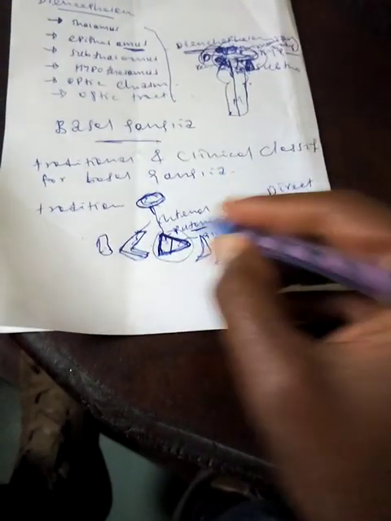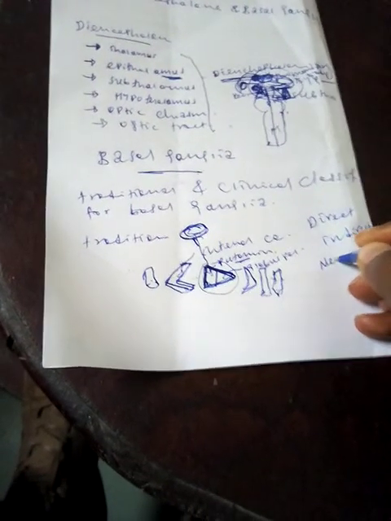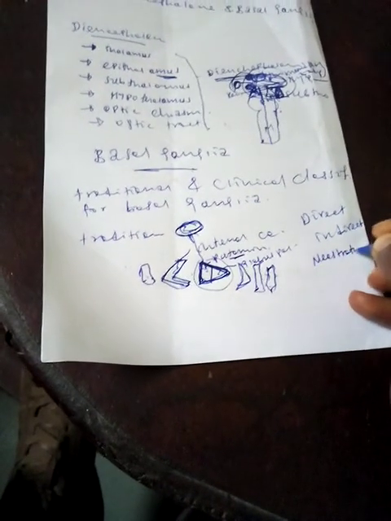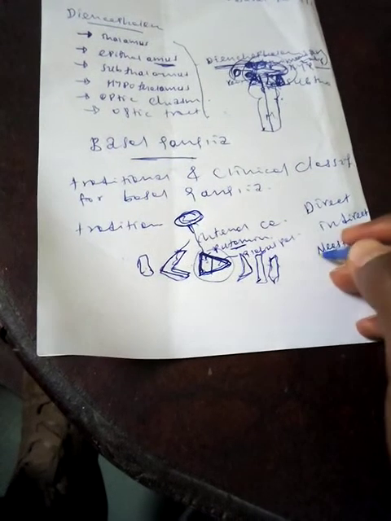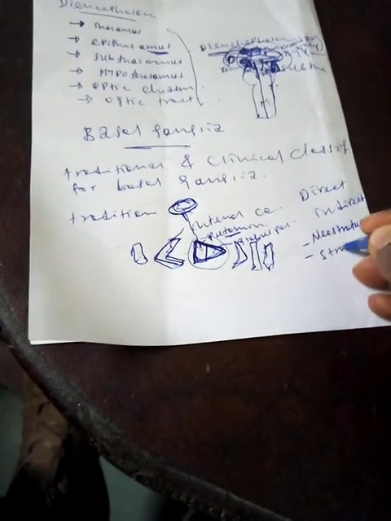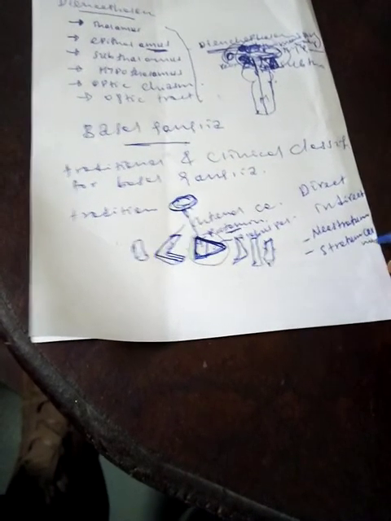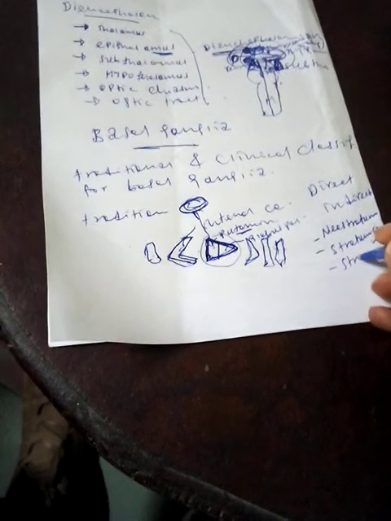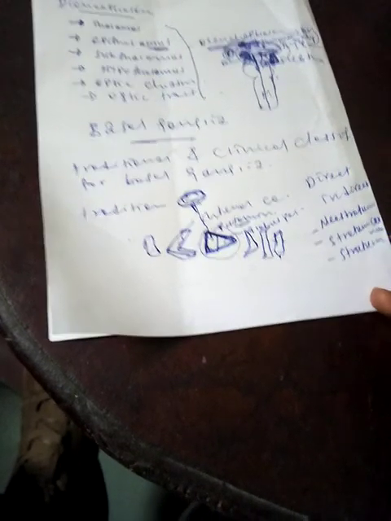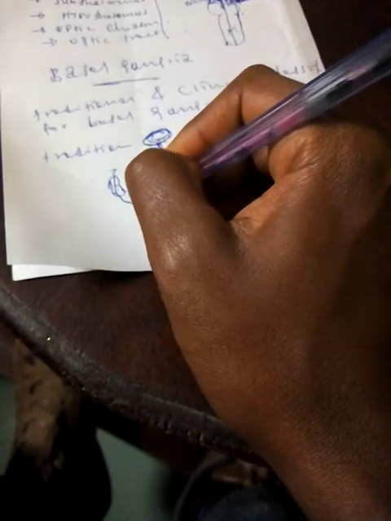Let's see, there is the term neostriatum, corpus striatum, striatum. Neostriatum includes, here is the thalamus, and there is a C-shaped caudate nucleus.